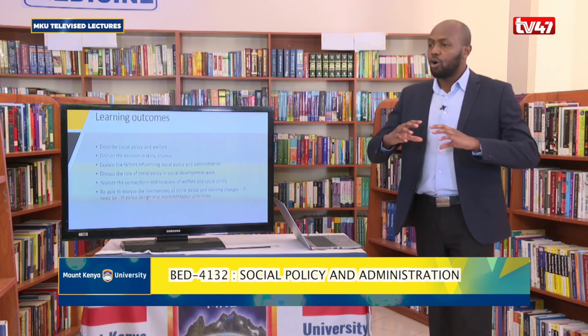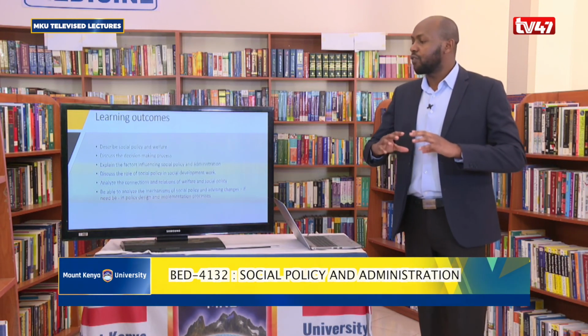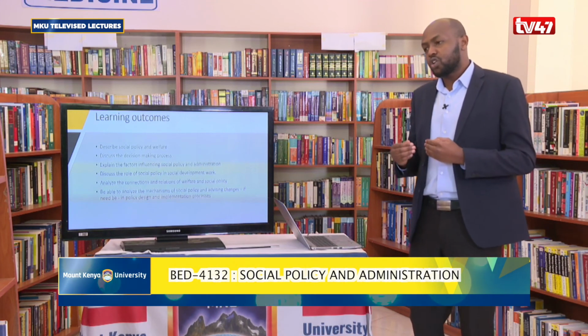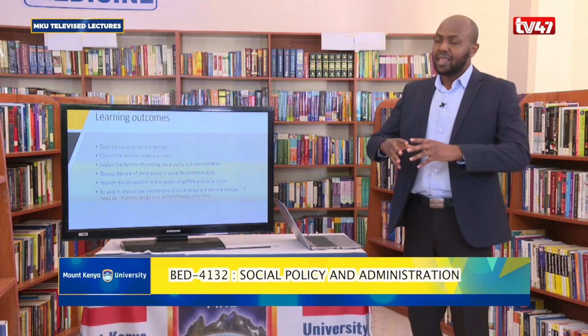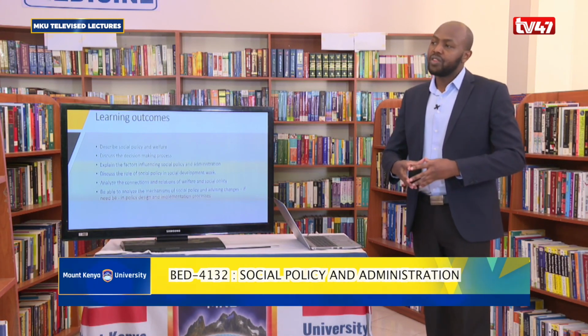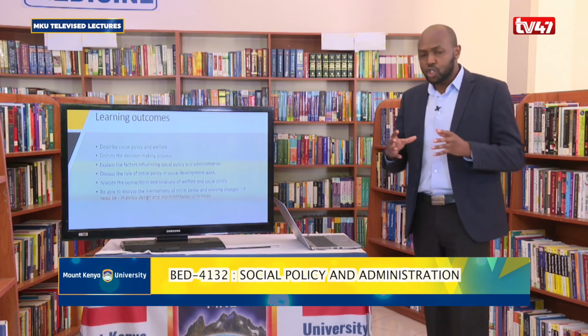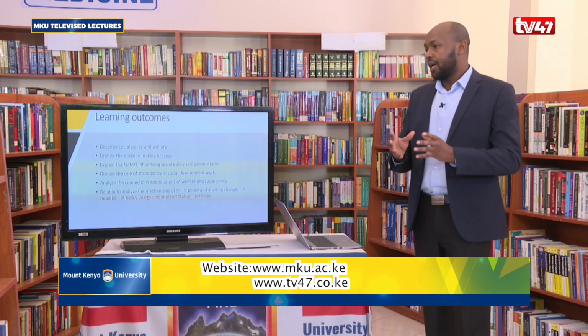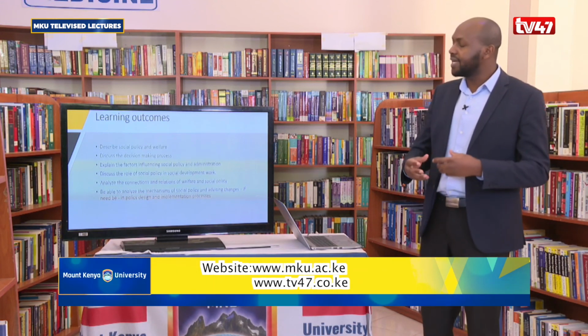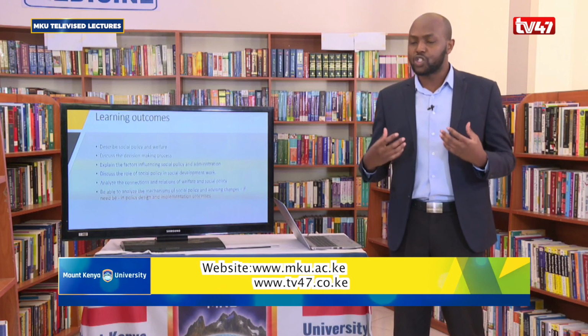The reason why it's a reflection of that context is because the factors that exist within that context frame the nature, the scope, and the design of the social policy that you come up with within that specific context. And the same case also applies with the administration.